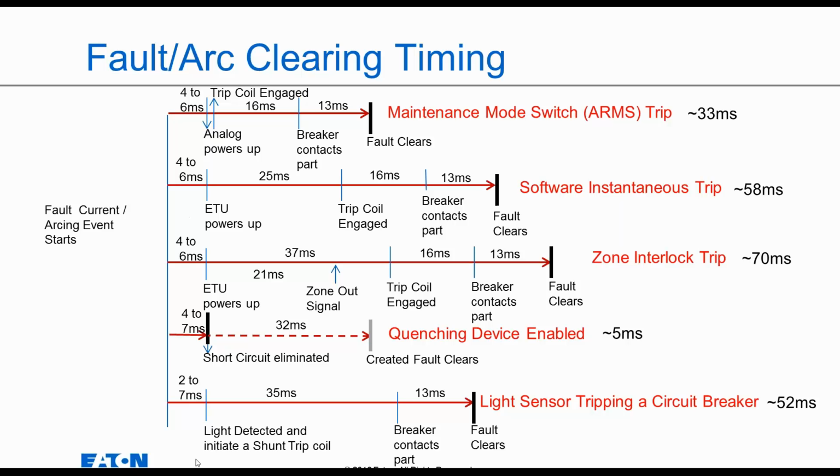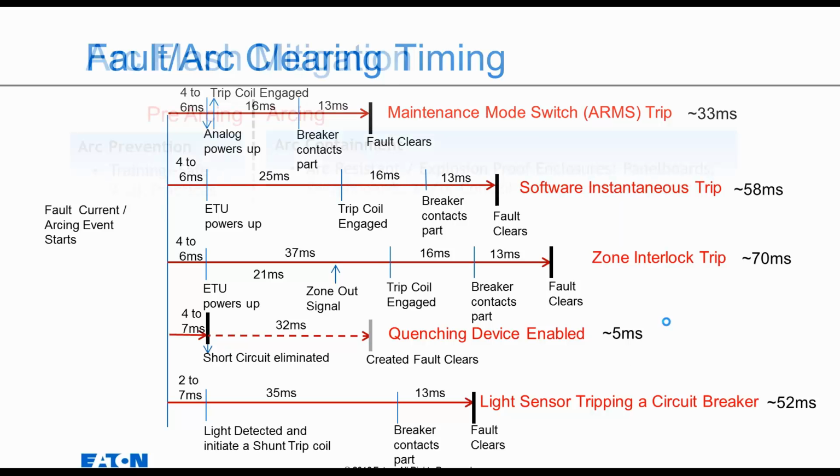So nice slide. I put this together just to give you an idea of all the different methods out there and the different types of trip times that you can get, because trip time equals arcing time. There's less arcing time if you can trip sooner, and that reduces your arc flash, reduces your calorie count, and it's a safer condition.